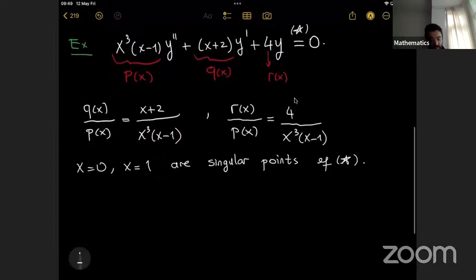For this purpose, we will multiply the first function with x minus, depending on the singular point, right? So x minus 0 or x minus 1. Let us check 0 first.